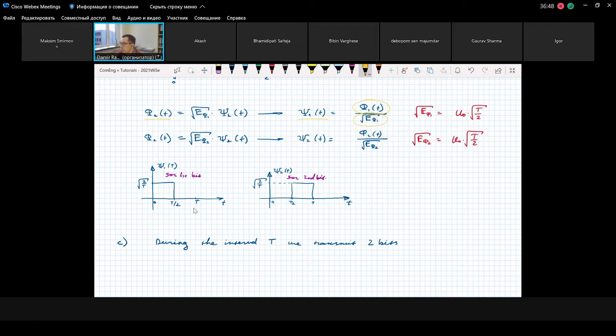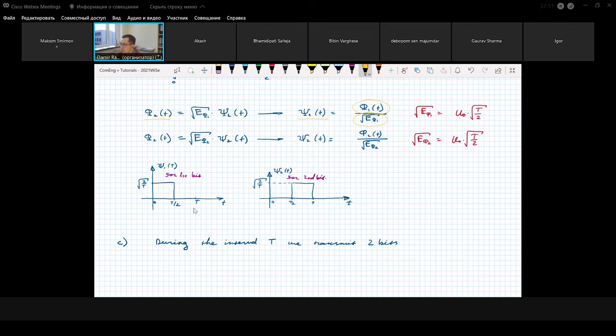But it could also happen that the third signal won't be orthogonal to the previous two signals. Then you have to perform the usual step of Gram-Schmidt orthogonalization. You have to calculate the cross correlation and then subtract those parts that correlate with the first and second basis functions from the third signal.